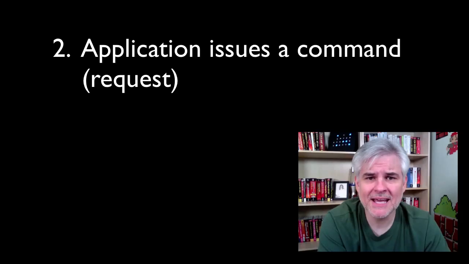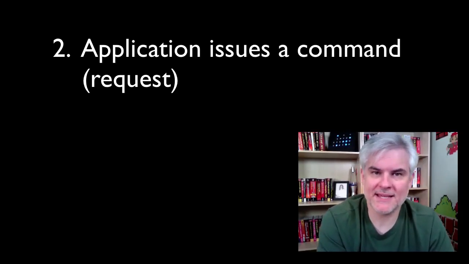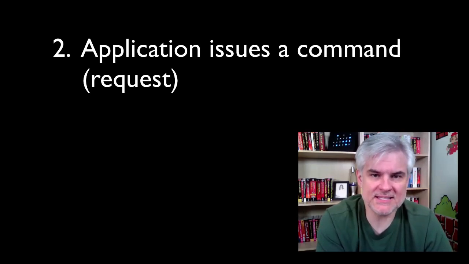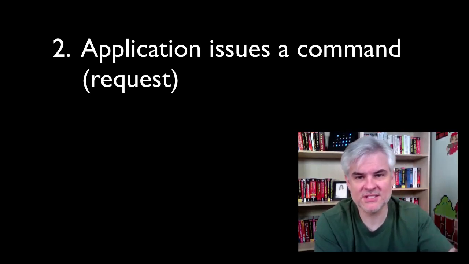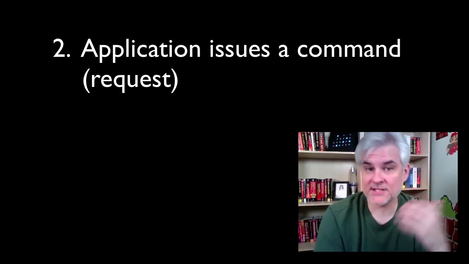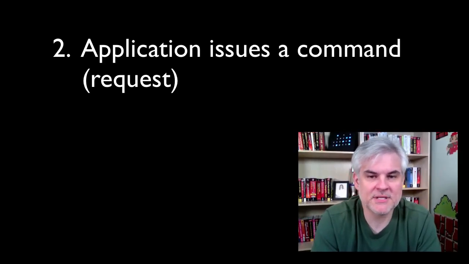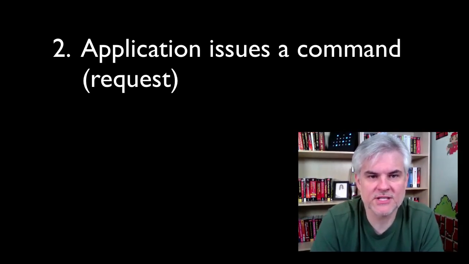And by command, I mean something like select this data, or update that data, or delete this data, or insert this into that table. Or it could be a command to execute a stored procedure that we know exists in that particular database, like we looked at earlier today.